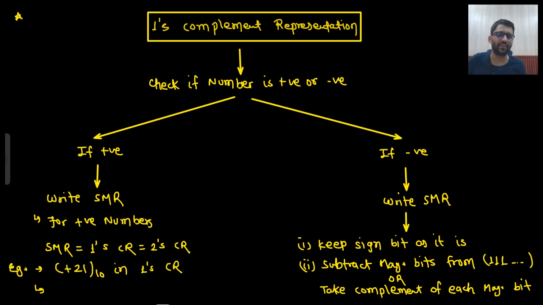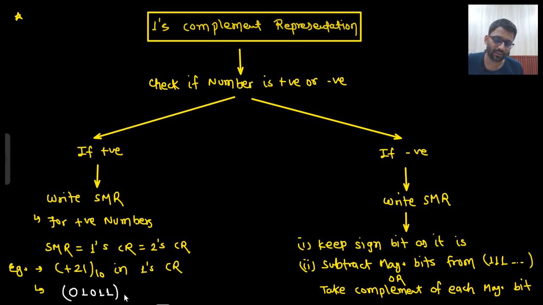Let's understand by the example. So this is the first example. First, we need to take the ones complement representation of plus 21. How will we take the ones complement of this? We need to check whether the number is positive or negative. If the number is positive, it will be the same as SMR. So for a positive sign, 0 would come. And how will you denote 21? That would be 16 plus 4 plus 1.